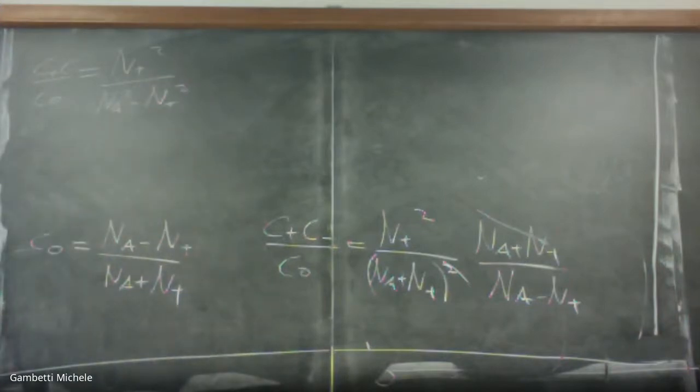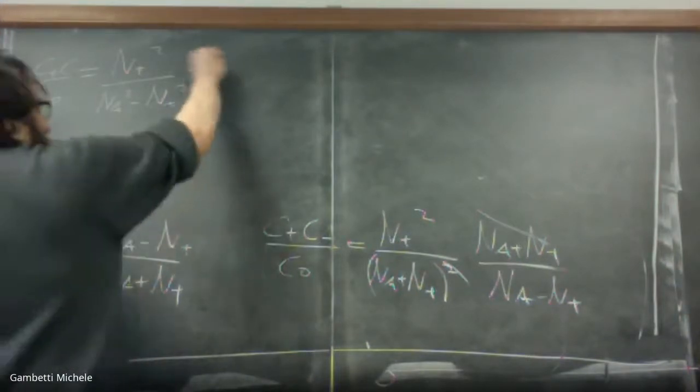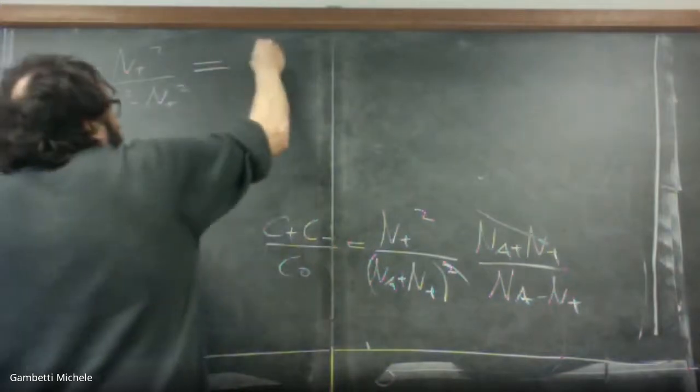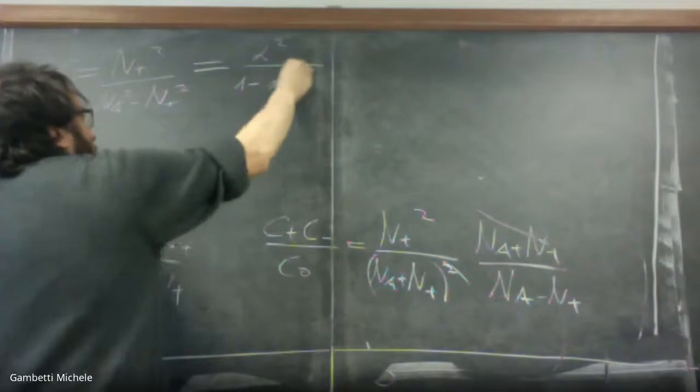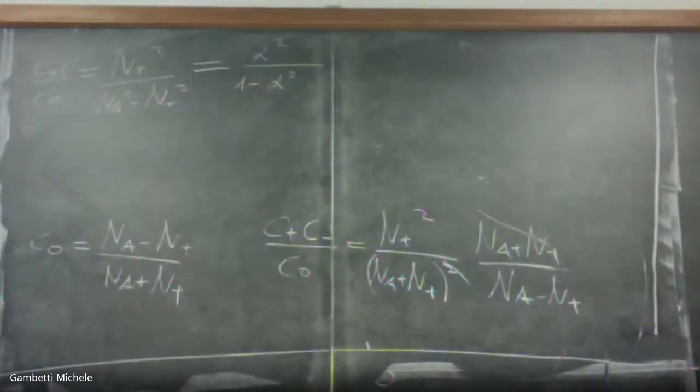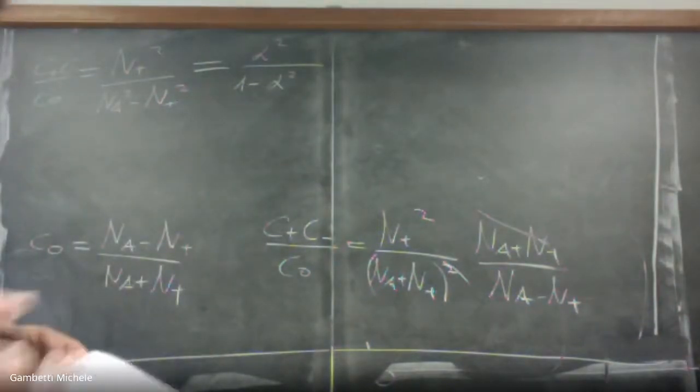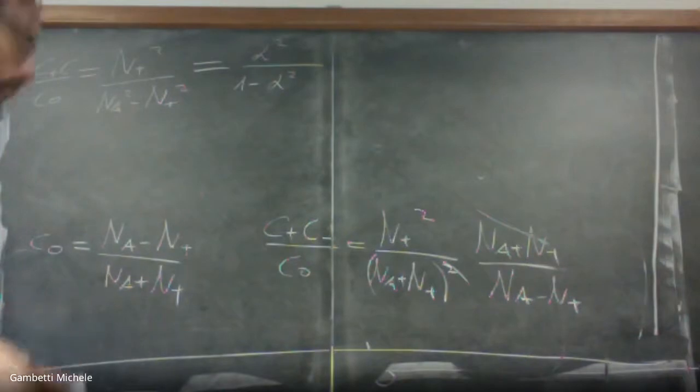So now let me divide by Na squared, numerator and denominator. Therefore, I will have alpha squared here, 1 minus alpha squared, where alpha is the degree of ionization, which is the quantity we are interested in.